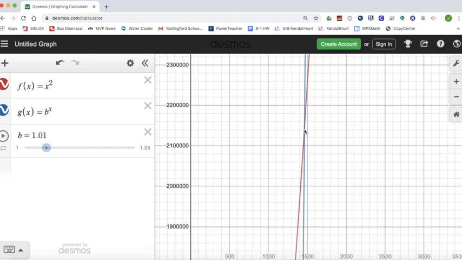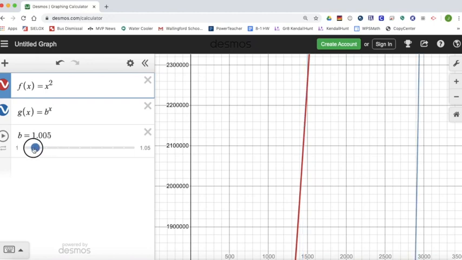This one, at 1% interest, took 1,400 x values to intersect. 1,400 months of that interest, and it finally passed. All right. Investors are always going to be like, "Oh, well, you'll get your money back. It'll just take 1,000 years." So great, cool. Even so, let's look at 1.005, a 0.5% interest.